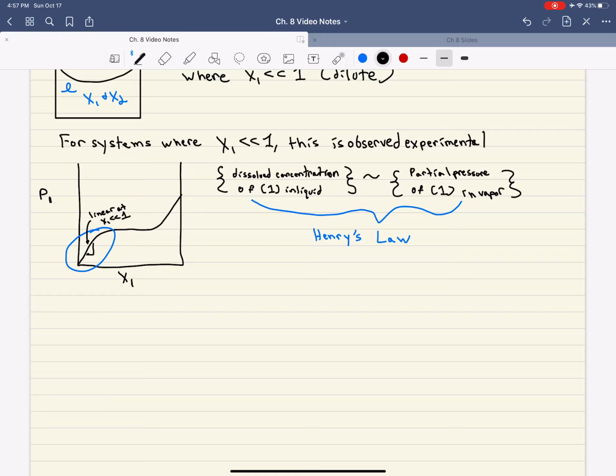And so if you remember from MEB1, Henry's law basically says this. The partial pressure in the vapor phase of some species that's very dilute in liquid is going to be equal to H1 times x1. Okay, so let me label everything.